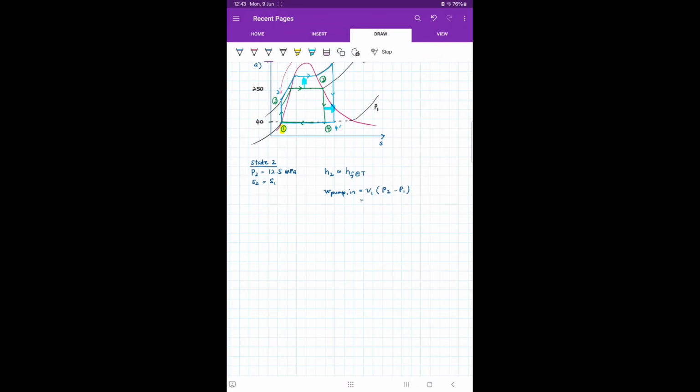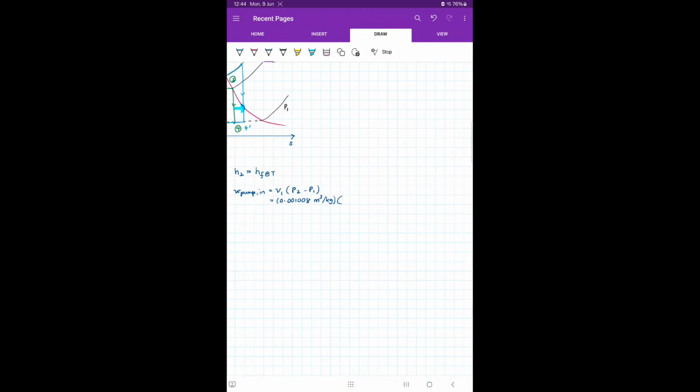V1 we have determined earlier on, and our point 1 doesn't change, so we can just use V1, 0.001008 meter cube per kg, multiplied by my new P2, 12.5 MPa, minus my previous P1, 7.3851.